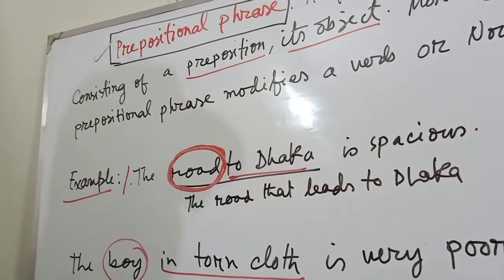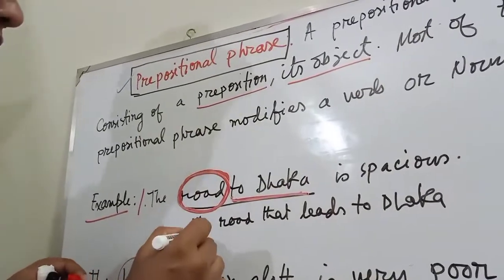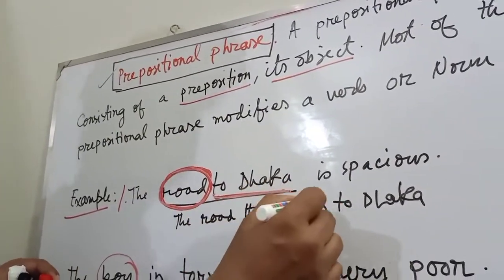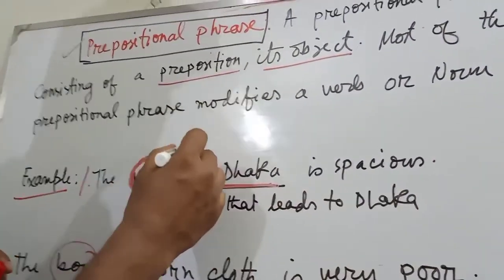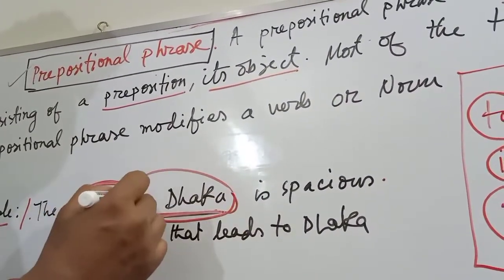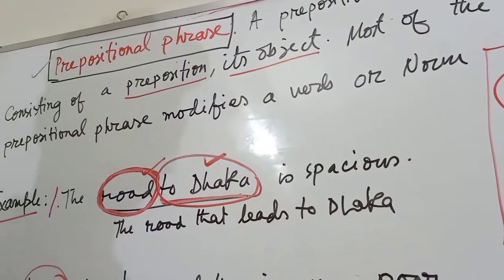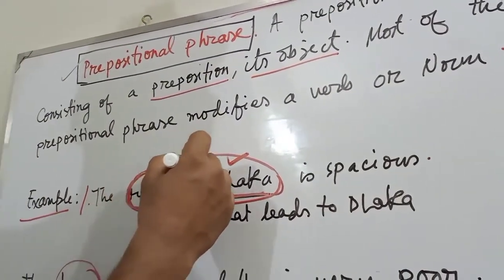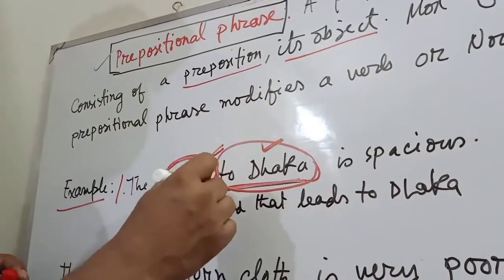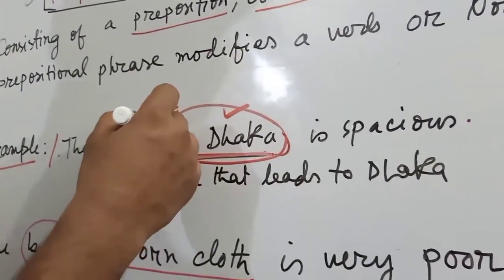Which road? "To Dhaka" means the road that leads to Dhaka. Which road? The road that goes toward Dhaka. So "to Dhaka" here is giving extra information about the road, and this prepositional phrase has been used as a post modifier.